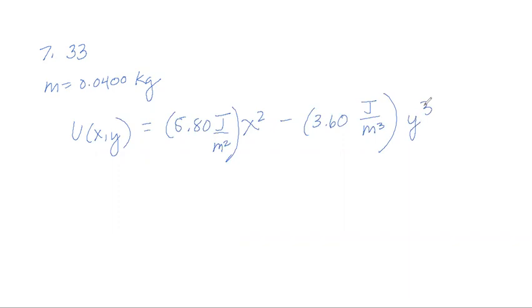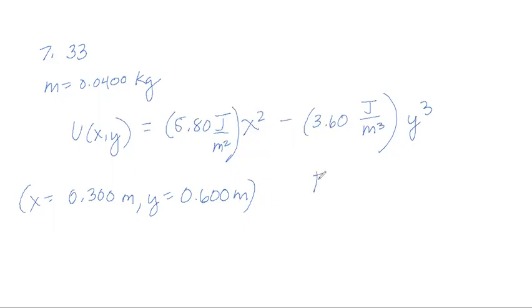Okay, what are the magnitude and direction of the acceleration of the block when it's at point x equals 0.300 meters and y equals 0.600 meters? All right, so we're looking for the force.